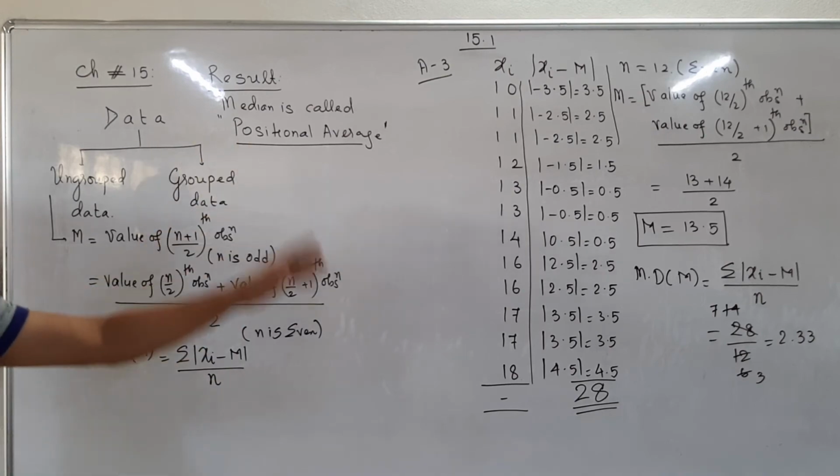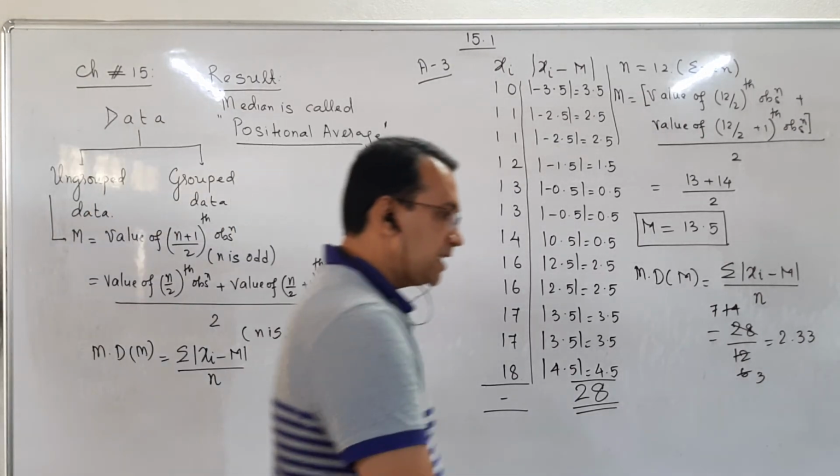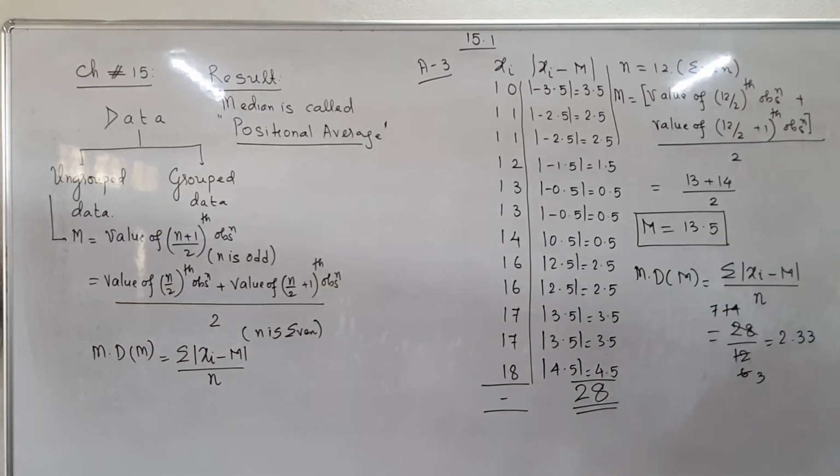The moment you don't arrange the observations in ascending order, students, your entire sum will be wrong. So you have to be very careful and cautious while doing this type of sums. If you understand one sum perfectly with the method, I don't think you will face problems in other sums.